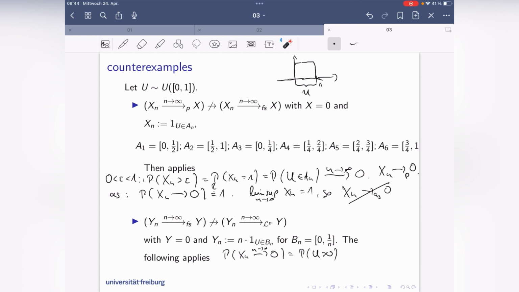Sorry, it's yn, not xn. Yn is 0, and it just stays there. So that's the first thing, which means yn goes almost surely to 0.